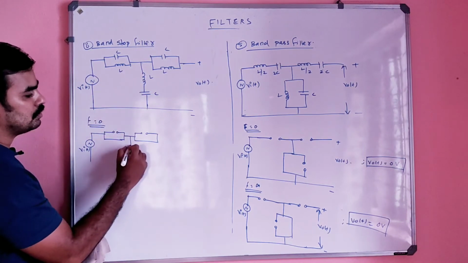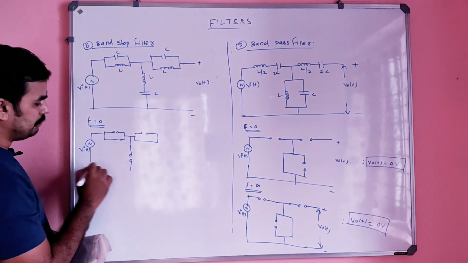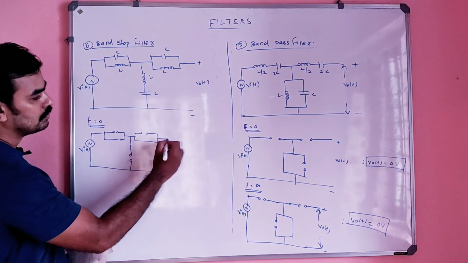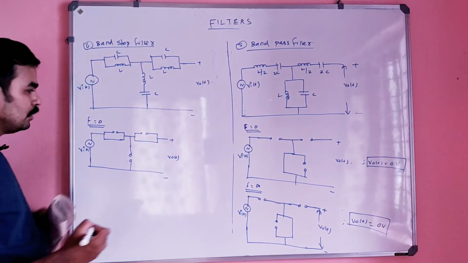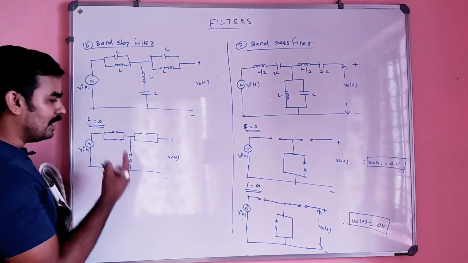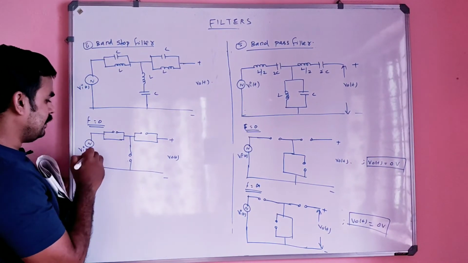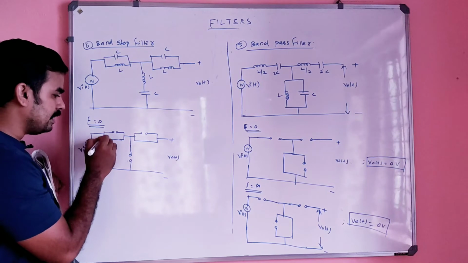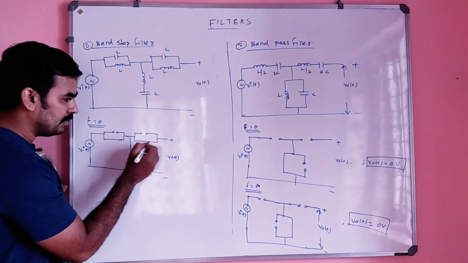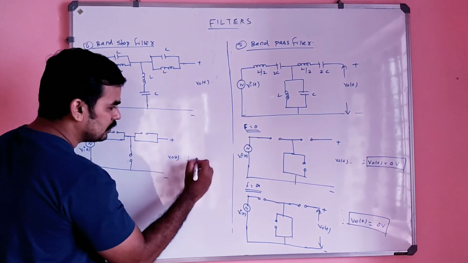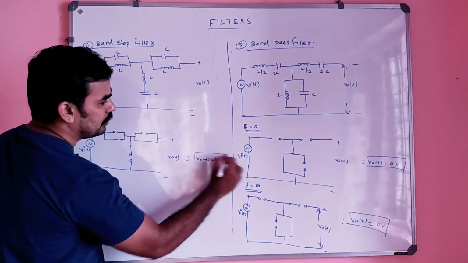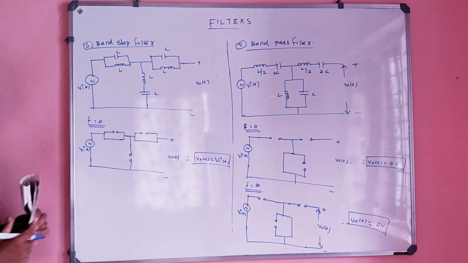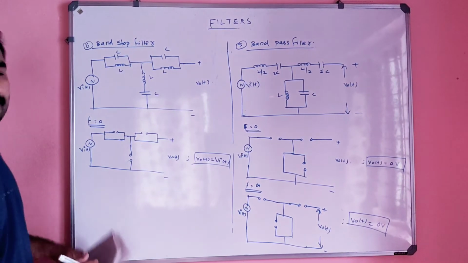This inductor will be short now, and capacitor will be open. Okay. So what will be the output again? See, the input is here, it comes here, and here. That means V0 of t is nothing but VA of t.